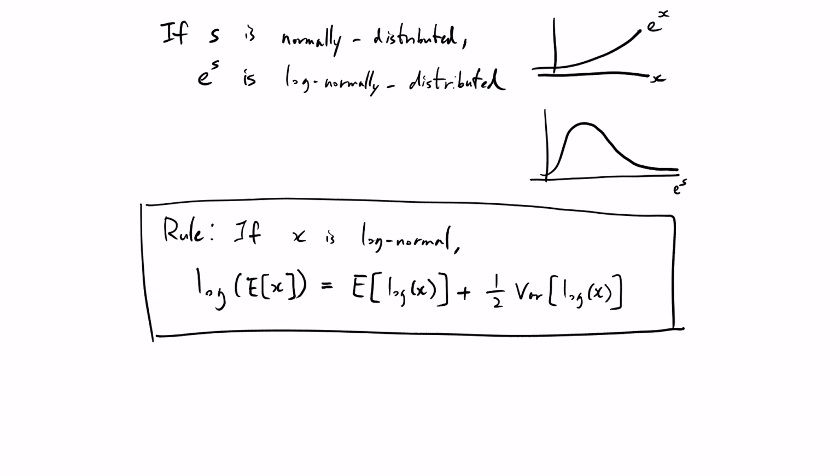This allows us to solve the CARA problem by taking log. The important part is it allows us to go from the expectation of the utility function to the utility of the expectation of the stock return. That's why we need this rule.